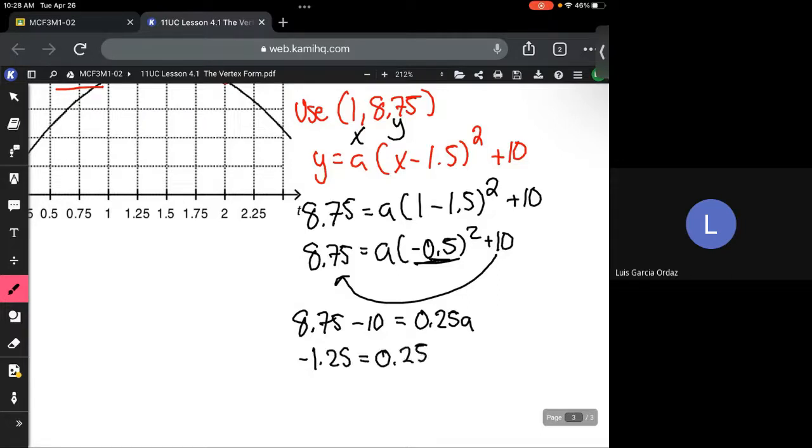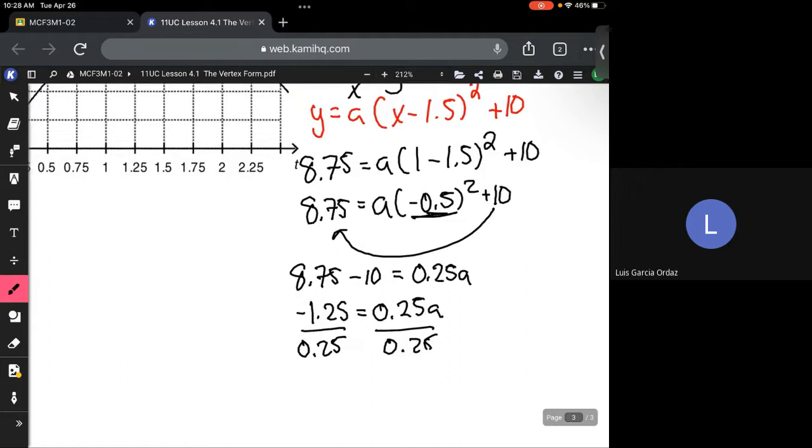Okay, and to isolate for A, what do I need to do? Yes, Emma? How did you get negative 0.25a? Because when you square a negative number in a bracket, it's positive. Okay, so what's negative 1.25 divided by 0.25? Negative 5.